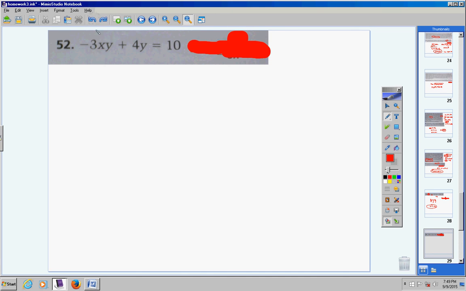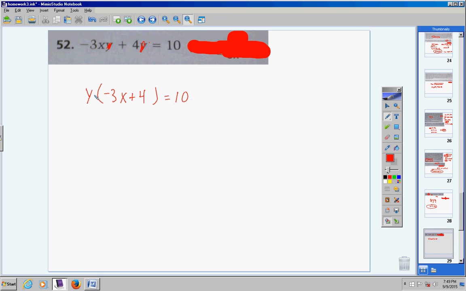Now lastly, sometimes you have to factor, and in this case we're going to have to factor because we have a y in both terms. So you pull out a y, and if you pull out a y from this term, the y is gone, you're left with negative 3x. If you pull a y out of this term, you're left with 4. There we go. So I pulled a y out of both terms. Now why would I do that?